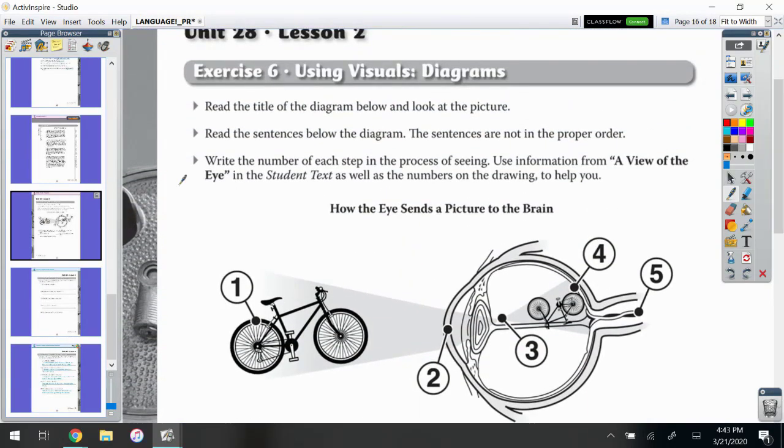You're going to read the title of the diagram below and look at the picture. Read the sentences below the diagram. The sentences are not in the proper order. Then you're going to write the number of each step in the process of seeing. Use the information from the text, A View of the Eye in the student text, as well as the numbers on the drawing to help you.